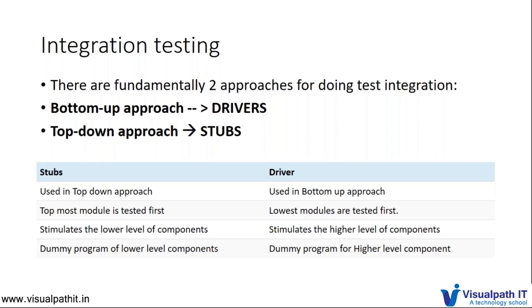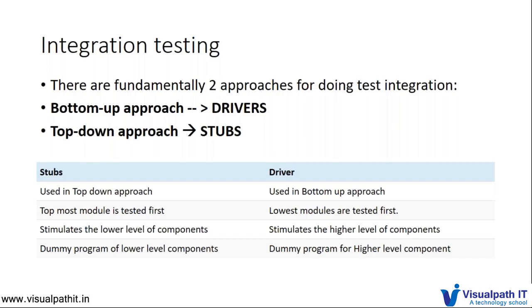The difference between top to bottom and bottom to top is only two things. For the top to bottom approach, at least many of the top modules should have been developed, and the lower modules, 1 or 2 or 4 5, are not developed. They will do this dummy thing. That is what they call by different names: one is stubs and one is drivers.